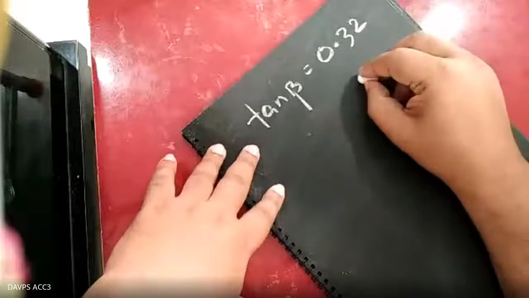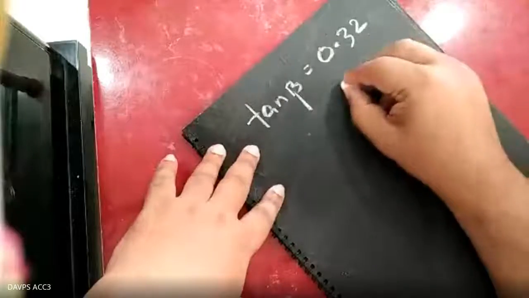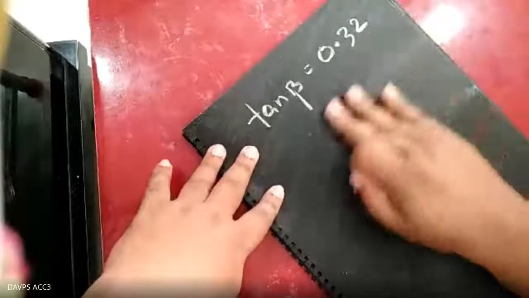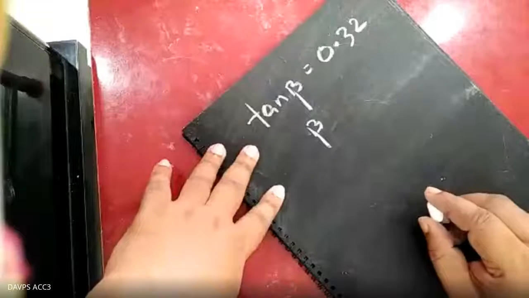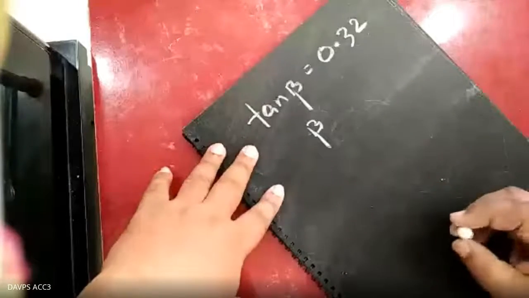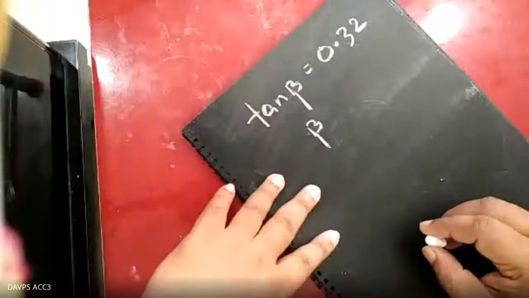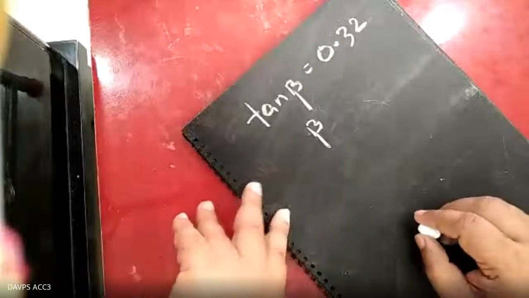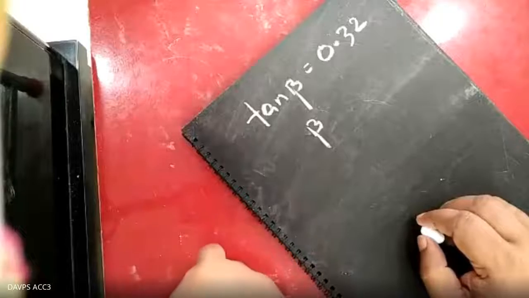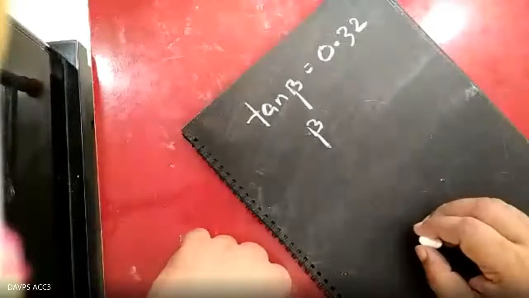If it is less than 0.5, then beta is tan inverse 0.32. You know it is tan inverse, but this method is not enough. You are physics students, and the exact value is required. How to calculate the value in degree?